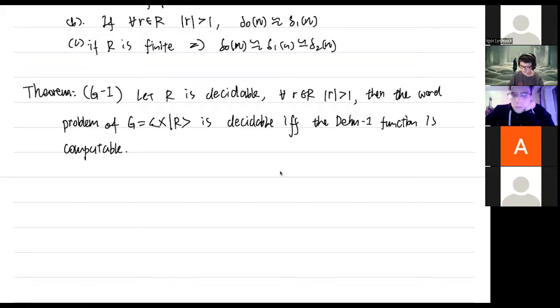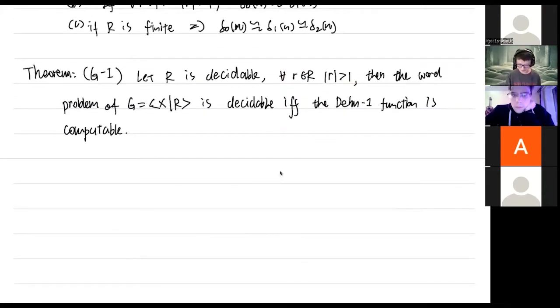And also in this case, because we assume this condition, it's the same as saying the Dehn function is also computable. Okay, so that's the computability theorem for this notion.